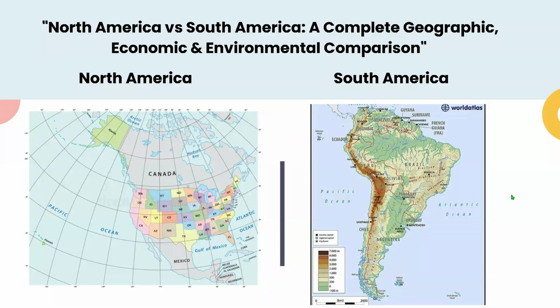That is the reason why I have taken this topic of comparing the continents. It will enable you to take proper decisions regarding your children, and children can also take proper decisions. That is the major role. Major decisions in life can be taken when you know about those continents.